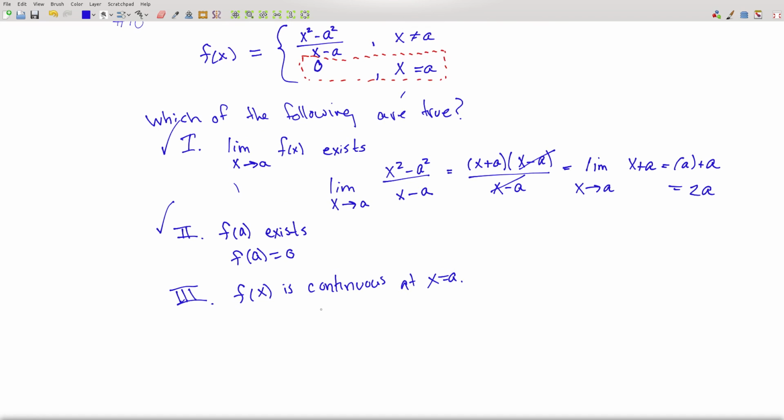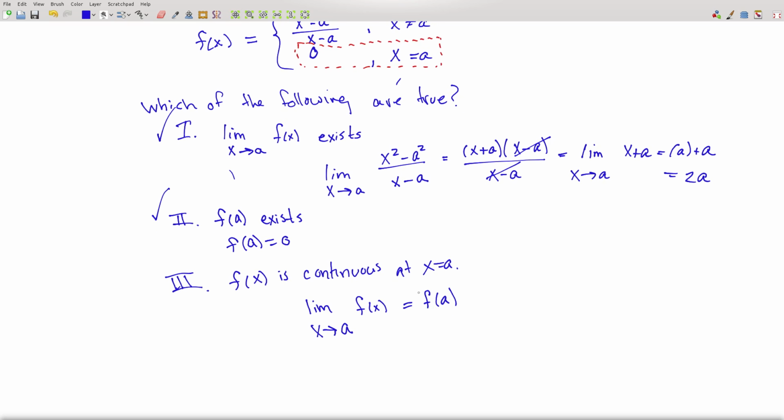What it means for a function to be continuous at that point is that the limit as x approaches that point for that function should be equal to the value you get when you just evaluate the function at that point. So one thing that should be clear is that f of a can't be undefined. If the left-hand side comes to something, then certainly it has to be something that's not undefined. So f of a must exist. We've already said that it is.